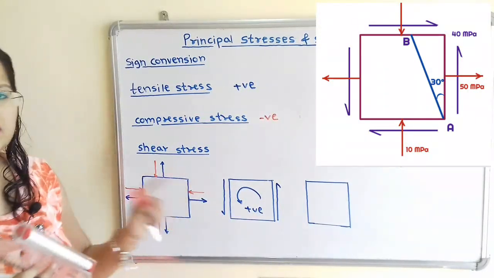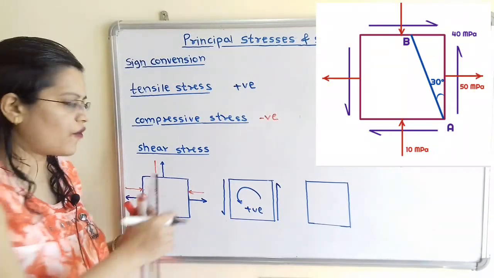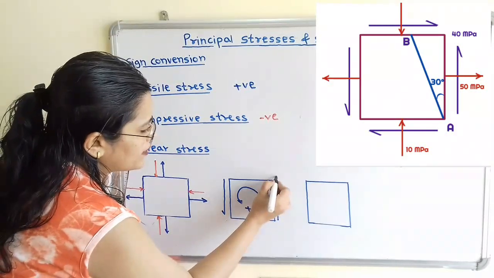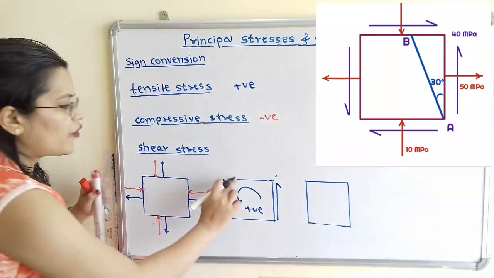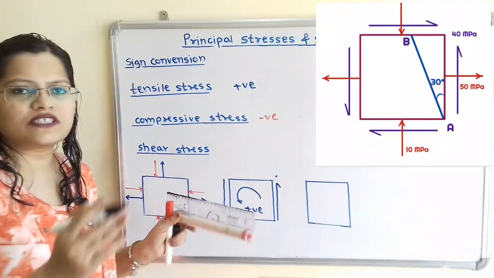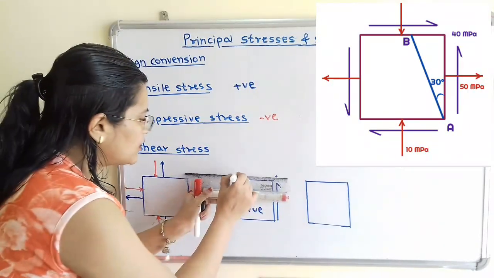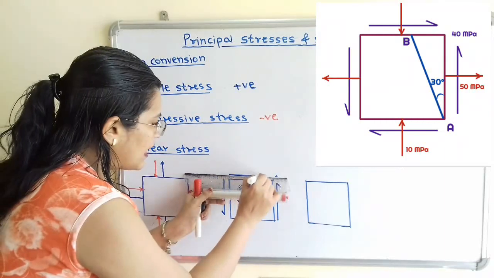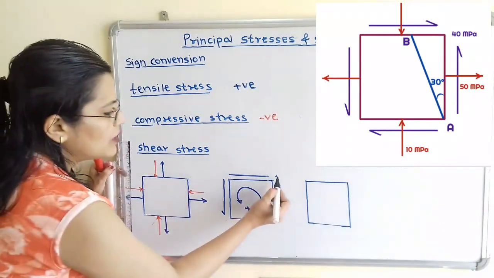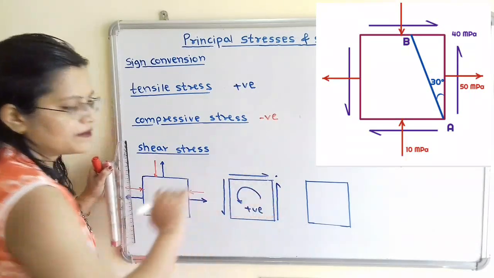Now the shear stresses are in complementary form. If we observe the arrow, this arrow is pointing towards this point. So for this face, shear stress is always parallel to the face. If I draw one line parallel to this face, then we have to show the arrow directing towards this point.